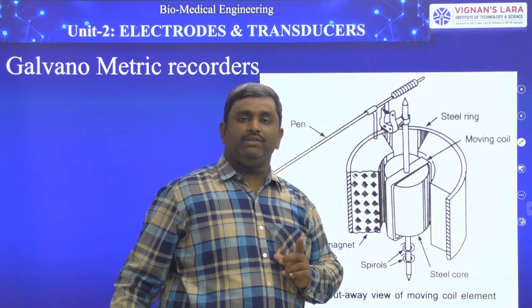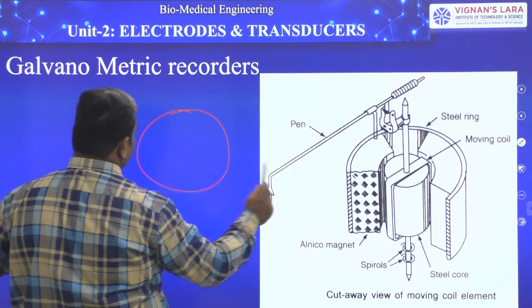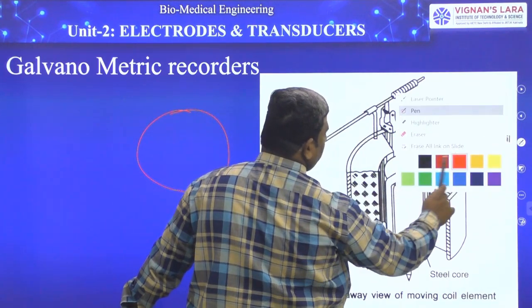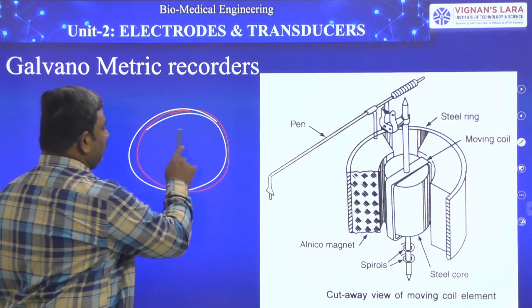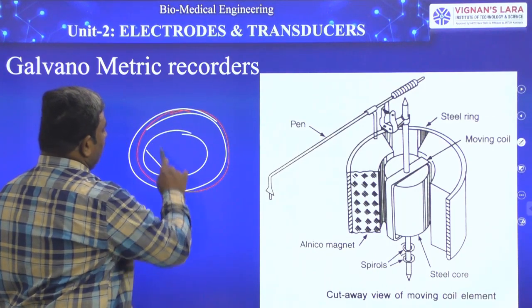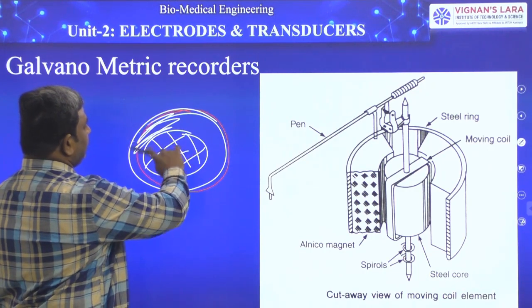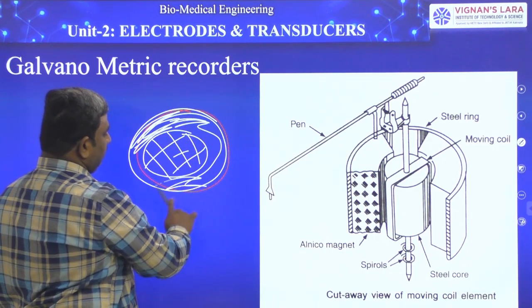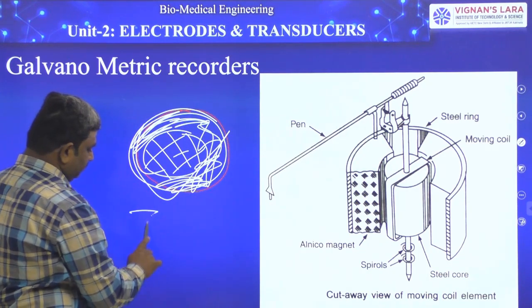So what happens in motor operation? See here, this is a motor. In the motor we have an armature section and the magnet sections.